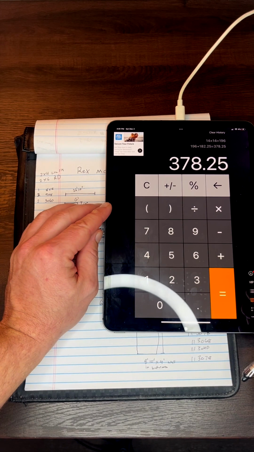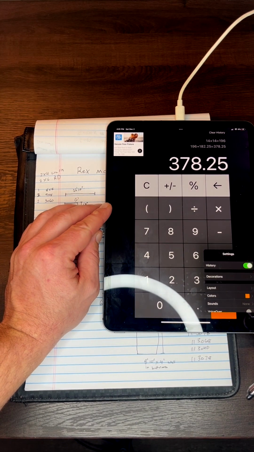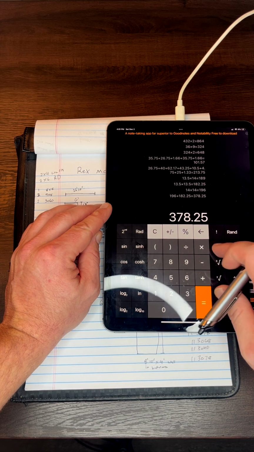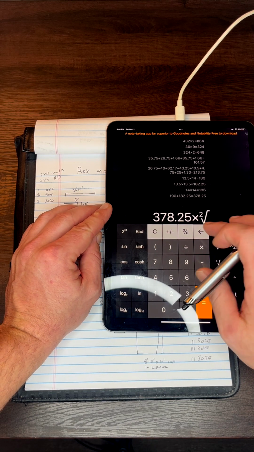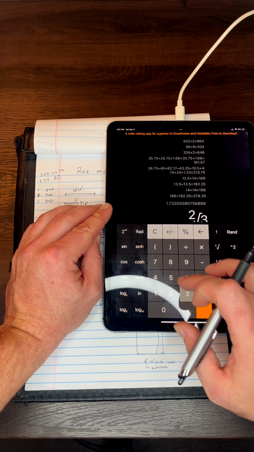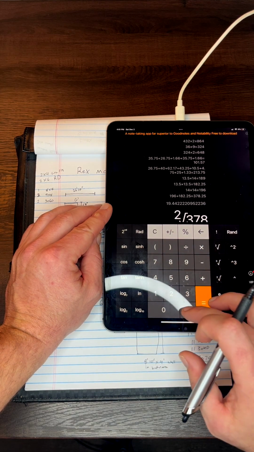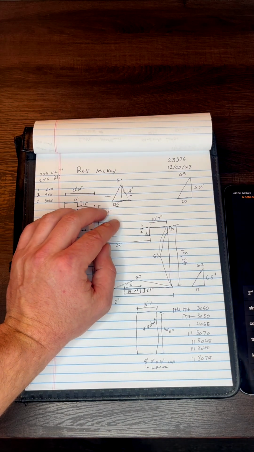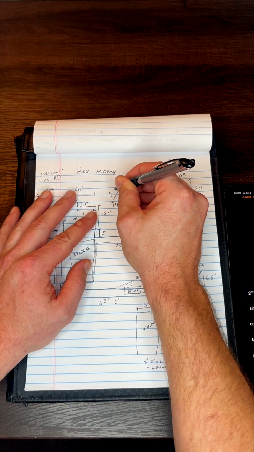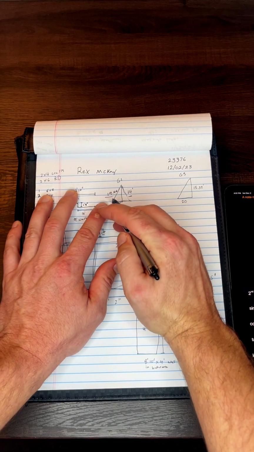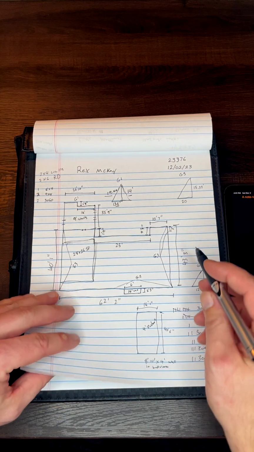Oh, we gotta actually enter it in. Square root of 378.25, 19.44. So C equals 19.44. So we're just going to hold on to that. We're not going to touch it.